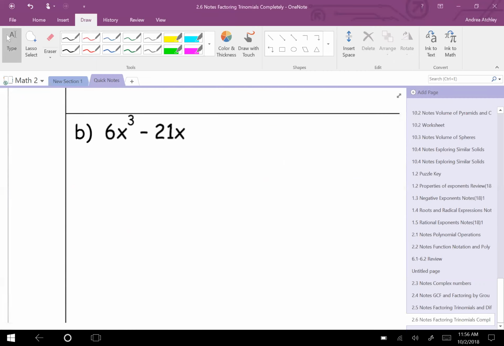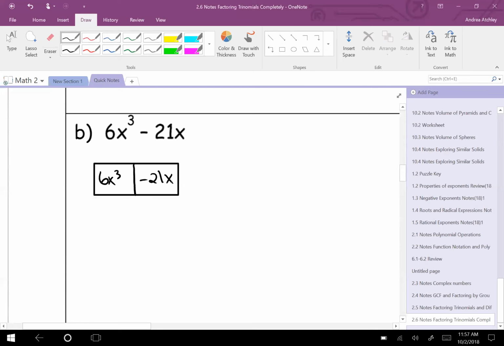6x cubed minus 21x. Again, we're always going to start with the GCF. Okay, Mason, what can they both be divided by?